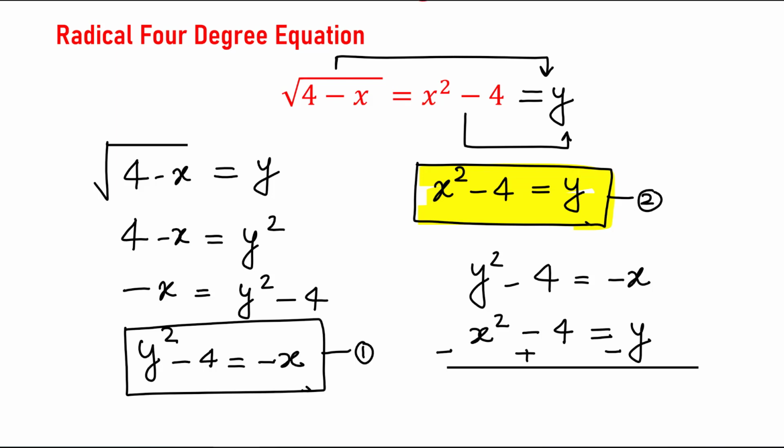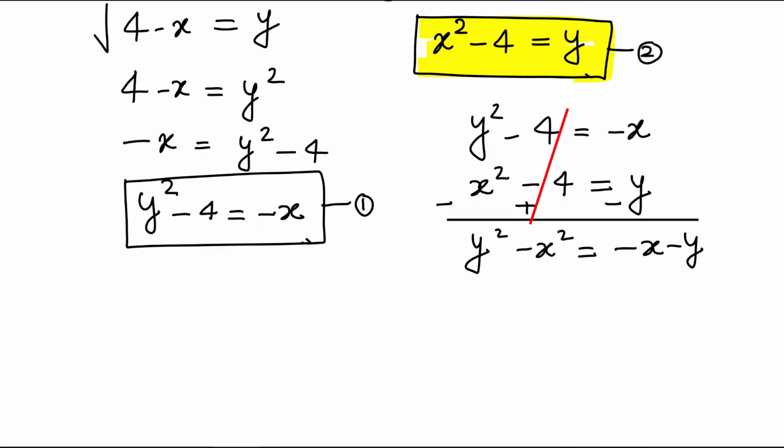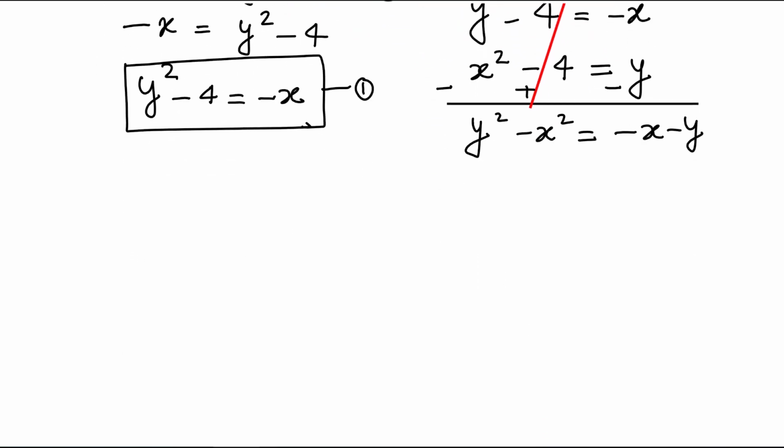In this case 4 and 4 get cancelled. So I will have y square minus x square is equal to minus x minus y. Now if I further simplify this, y square minus x square is equal to minus x minus y.